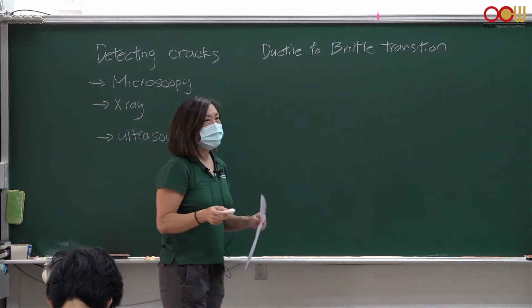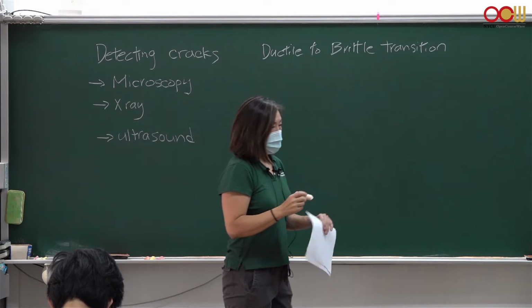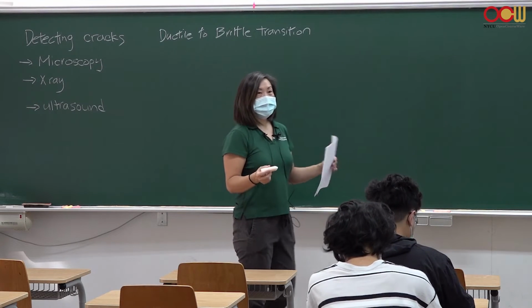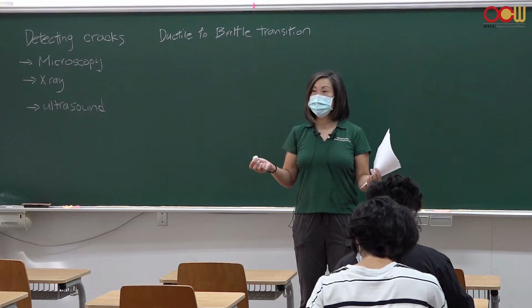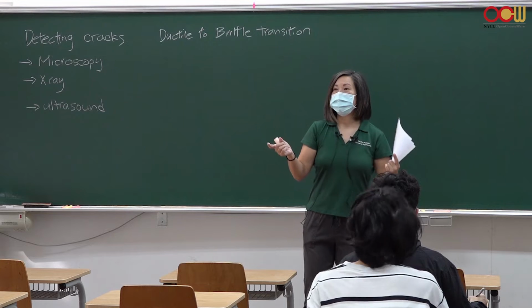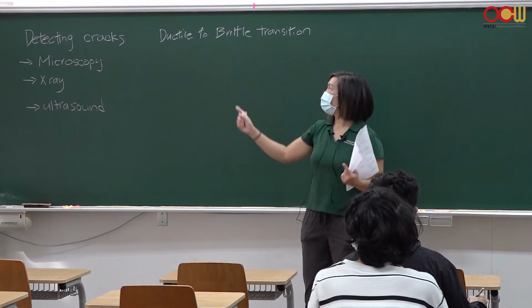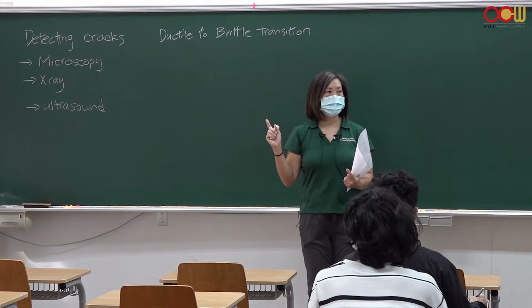Okay, ductile to brittle transition. So at the beginning of the lecture where I talked about the importance of cracks, I showed you a picture of a ship that cracked in half, right? The reason why the ship cracked in half is because of the ductile to brittle transition.